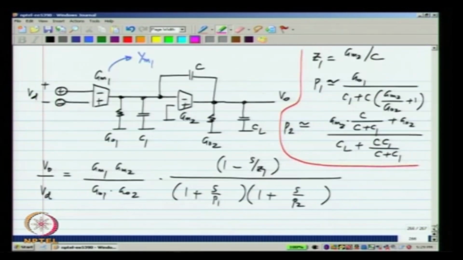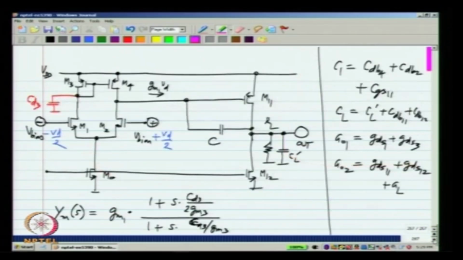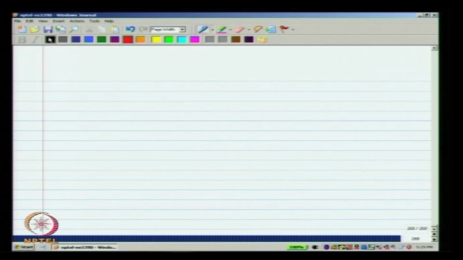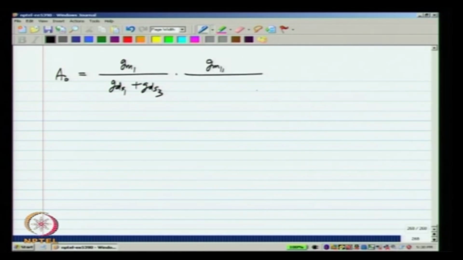So, the total transfer function will consist of not this GM1, but YM1, which has a pole and a zero, and the 2 poles here and the zero over there. All we have to do is to substitute the terms and find out what each of these things is. The DC gain is the product of the DC gains of the 2 stages, which is GM1 by GDS1 plus GDS3 times GM11.